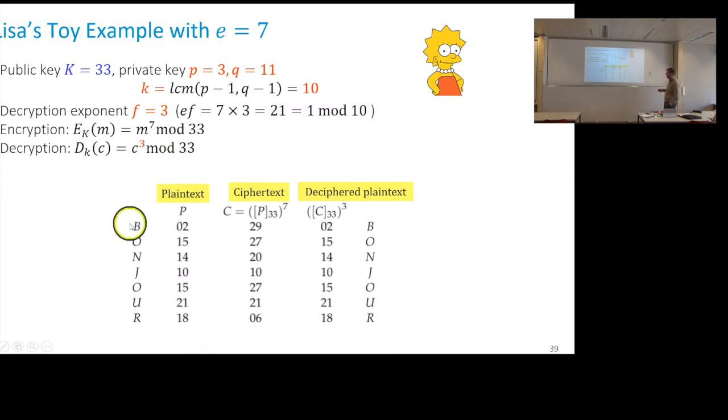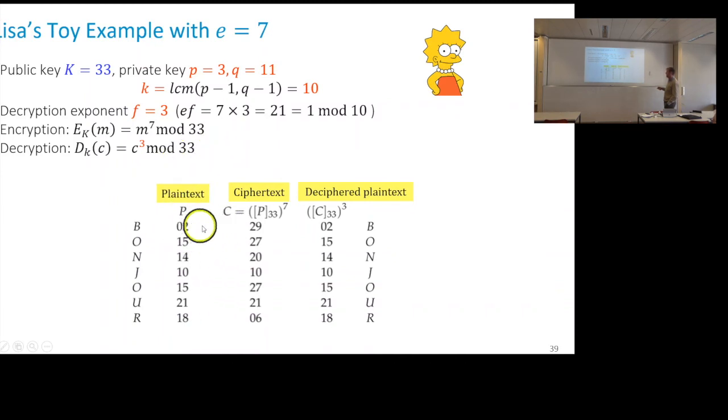So for example, if I have this text, bonjour, I translate it in whatever code. Here I took a simple code where A is 1, B is 2, etc. That gives this sequence of numbers. Of course the numbers must be less than 33 minus 1, if I take modulo 33.